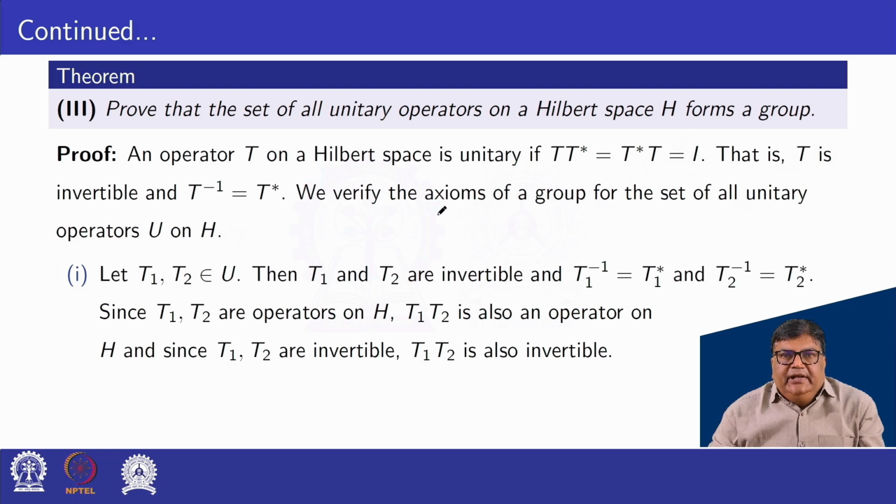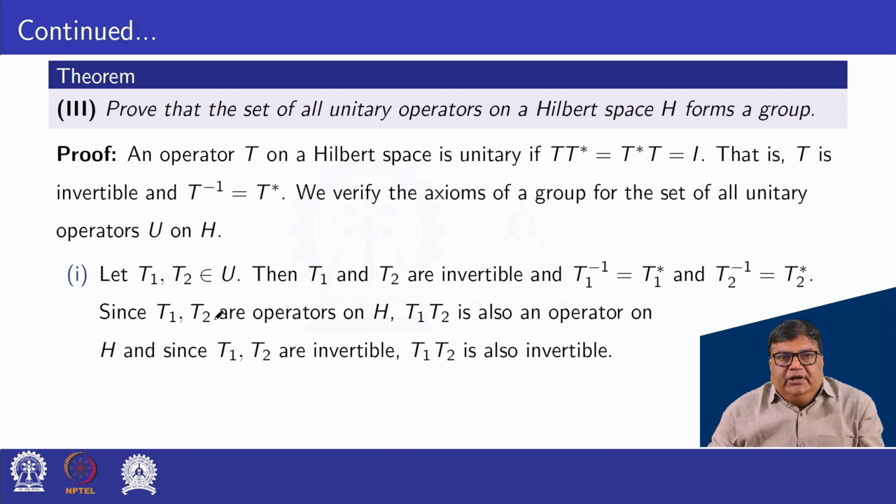We verify the axioms of a group for the set of all unitary operators U on H. First, let T1 and T2 belong to U. Then T1 and T2 are invertible and T1 inverse equals T1 star and T2 inverse equals T2 star.